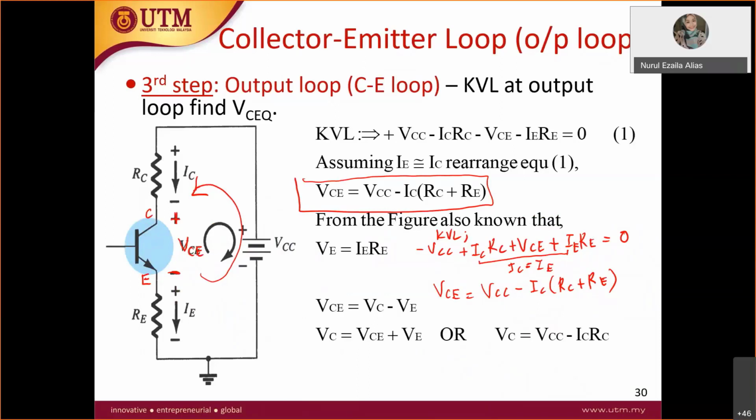For example, they ask you to find the collector voltage VC. So VC is this node, from this node to the ground. What you see from the collector node to the ground is VCE plus VE, the total voltage there.